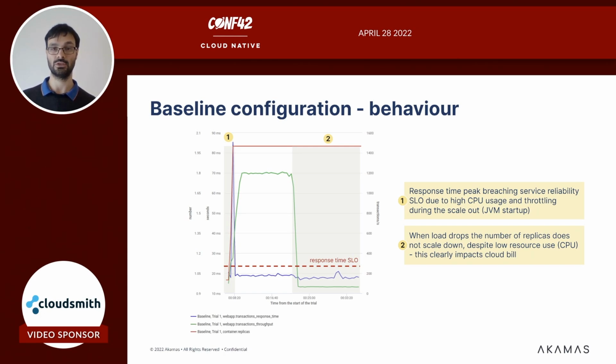This might be due to the JVM max heap being higher than the memory request we've seen before, but it may also be due to a change in the application memory footprint, for example, due to a new application release. This effect clearly impacts the cloud bill as more instances are up and running than required, but shows that configuring Kubernetes apps for reliability and cost efficiency is actually a tricky process.